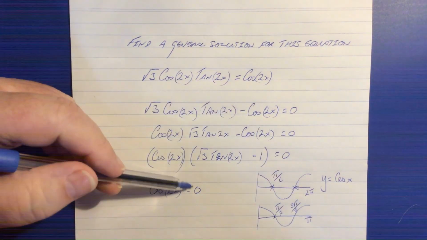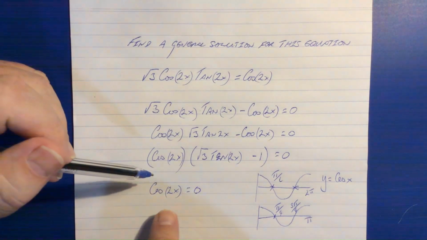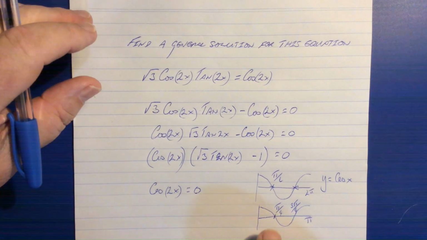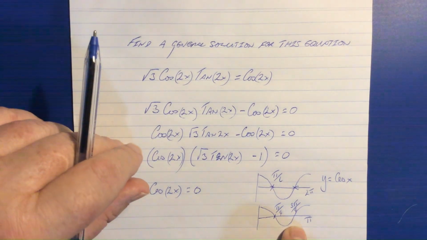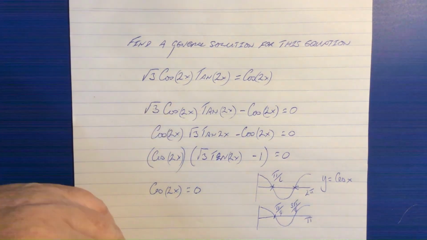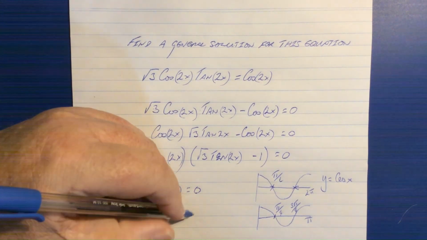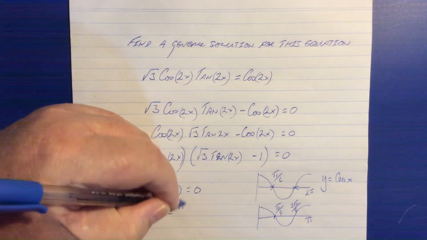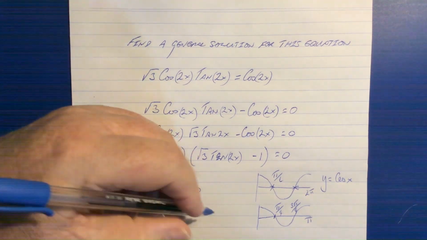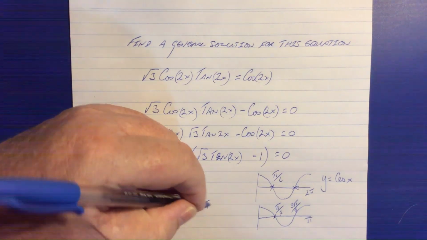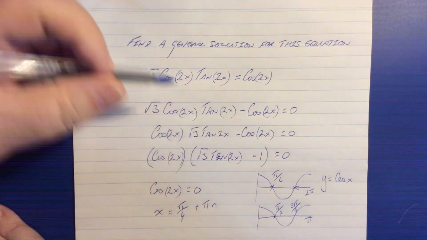So our solutions to this between 0 and 2 pi would be pi on 4 and 3 pi on 4. So if we write that in general terms, x would be equal to pi on 4 plus pi n.